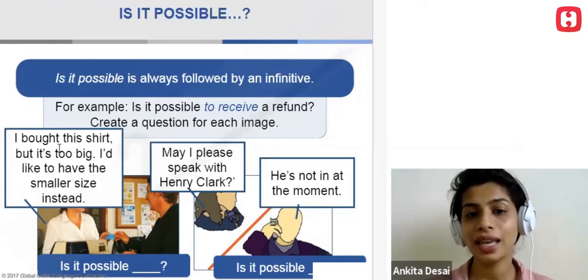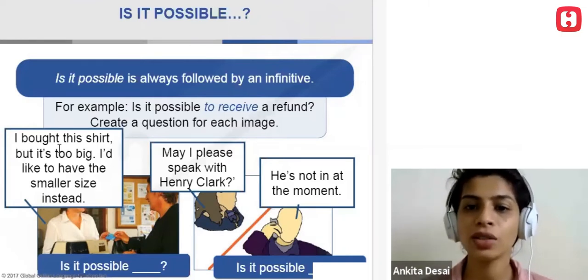How will you say the same thing using is it possible? So I'm going to give you 5 seconds to think.